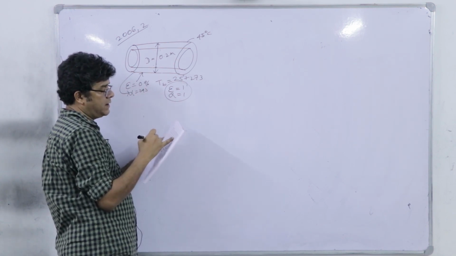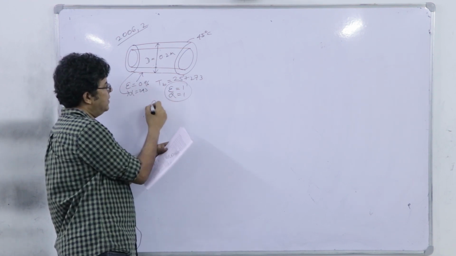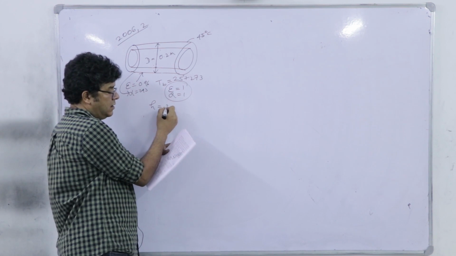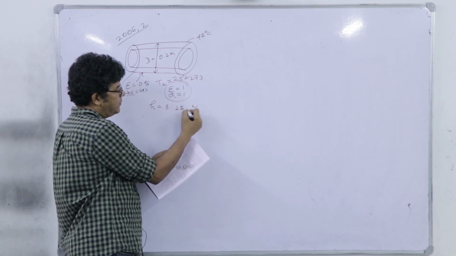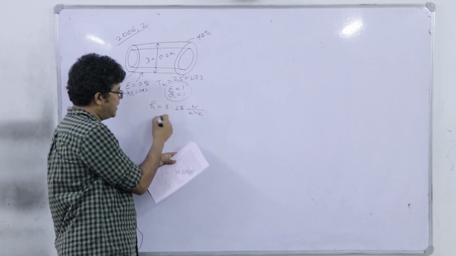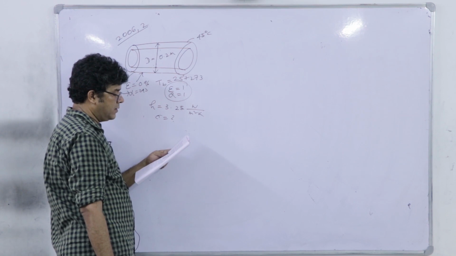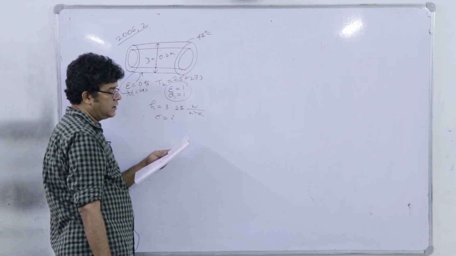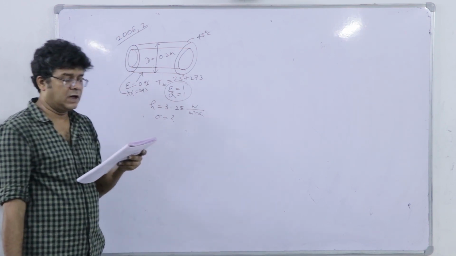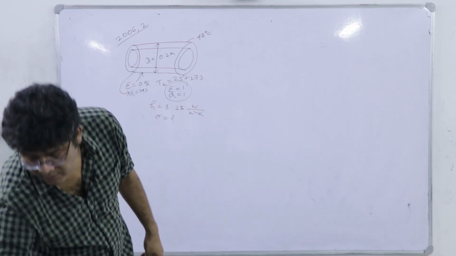The convective heat transfer coefficient outside the insulation surface, H, is 3.25 watt per meter square Kelvin. Stefan Boltzmann constant is given, I am not writing it. The surrounding fluid may be assumed to be transparent. Find the percentage contribution of radiation to the total heat transfer rate to the surrounding.